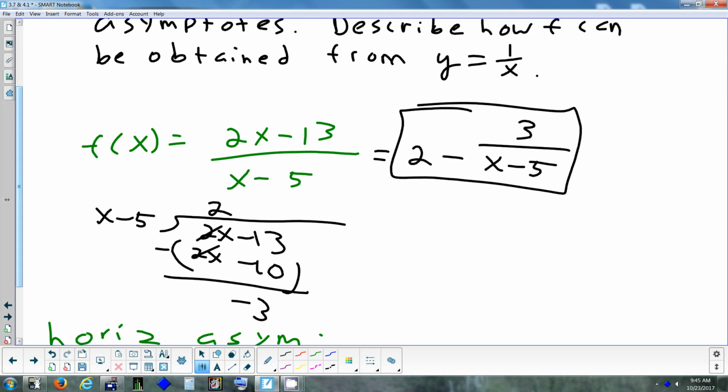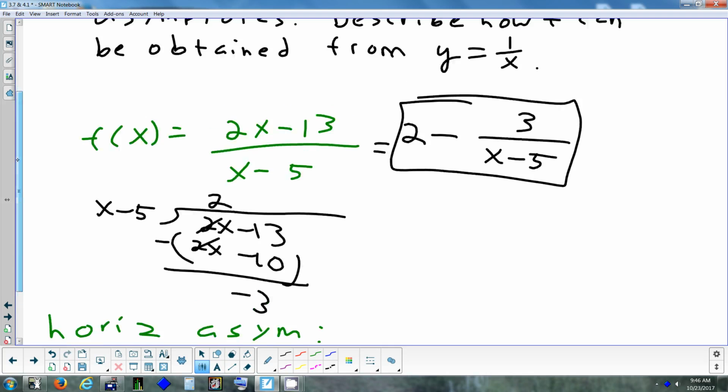Now, looking at that box in black, I can easily tell what the horizontal and what the vertical asymptote is. What's the horizontal asymptote in that problem?